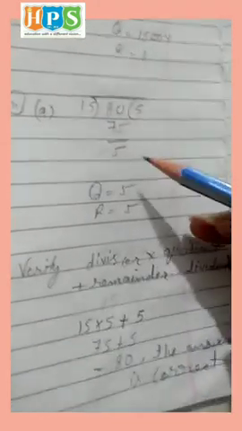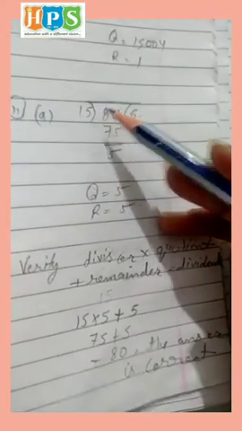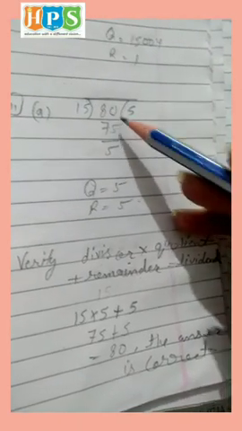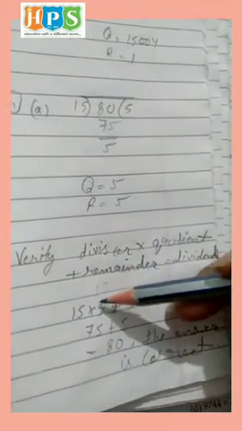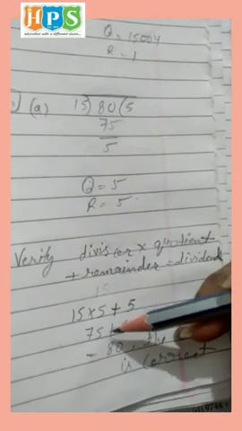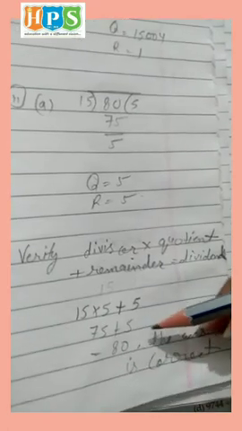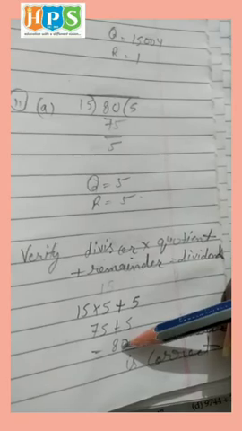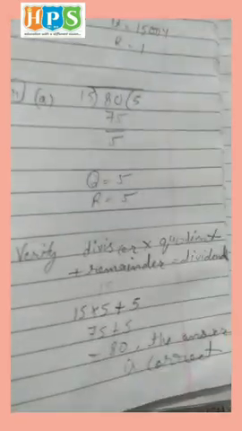So this is divisor and this is quotient and this is remainder, is equal to dividend. 15 multiply 5 plus 5. 15 5s are 75 and plus 5. 75 plus 5, 80. So 80 is dividend. The answer is correct.